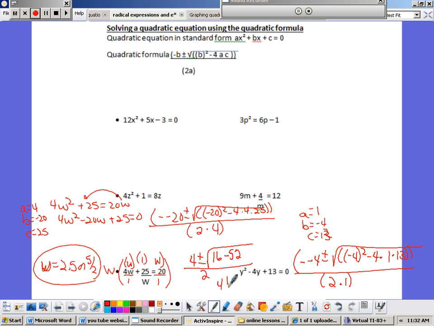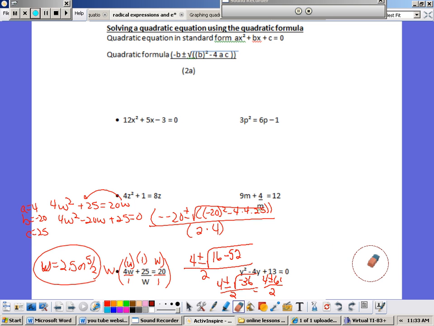So I have 4 plus or minus the square root of 16 minus 52, -36, over 2, which is 4 plus or minus 6i over 2. Because the square root of -36 is 6i. 2 goes into 4 2 times, into 6 3 times, and into 2 1 time. So I get 2 plus or minus 3i.